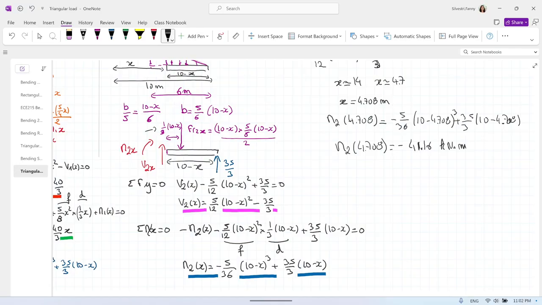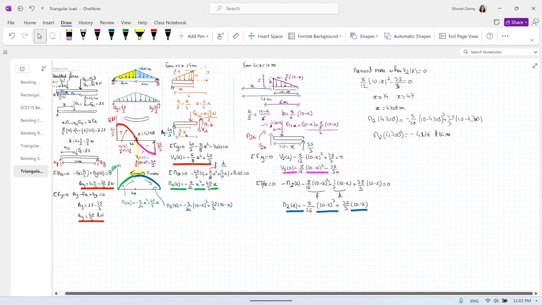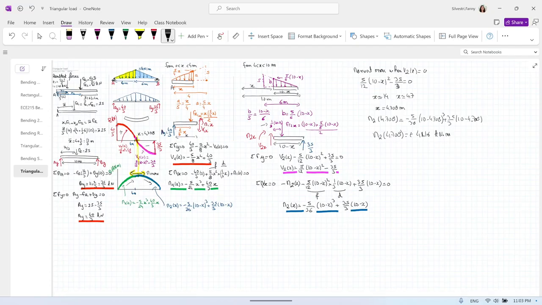I know it's negative, but depending on your section, you need to find the moment max. Yeah, you may need to find the moment max positive and max negative. In our case, is the moment positive? Oh no, it's plus, it's plus. I found that this is plus.